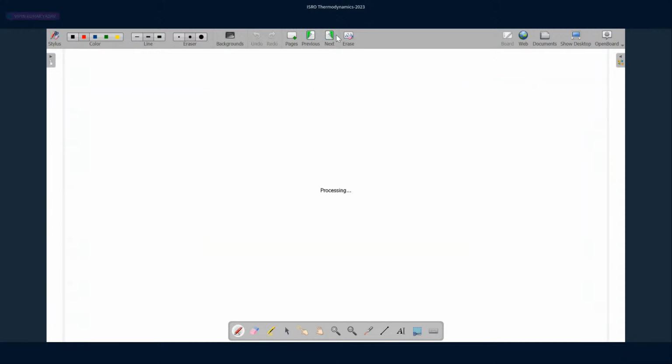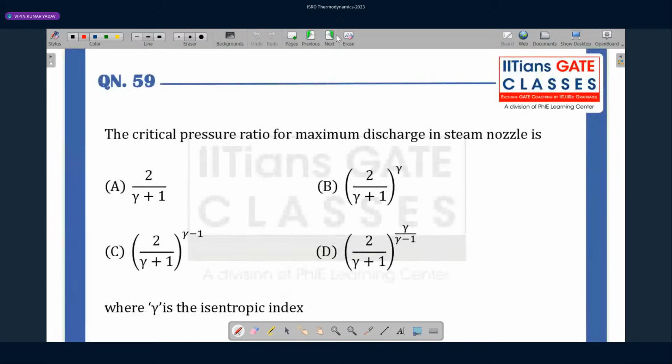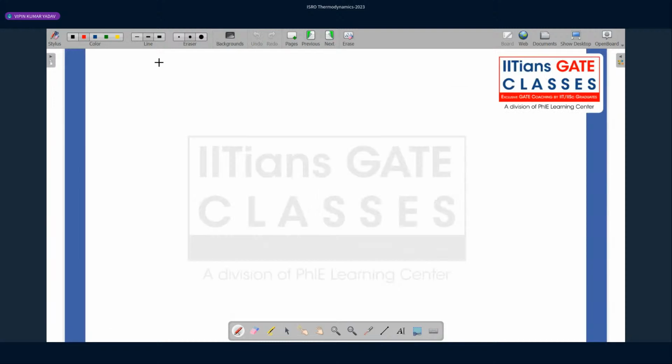Next question. The critical pressure ratio for maximum discharge in a steam nozzle. Okay, so I hope we all have done this derivation. For a nozzle, mass flow rate we define as rho A V. This is basically mass discharge at exit, so rho 2, A2, and V2.